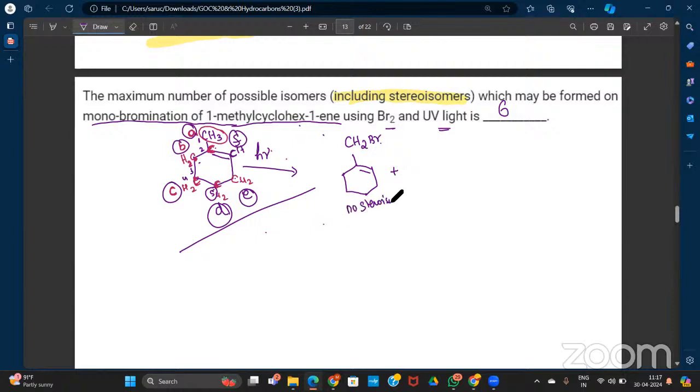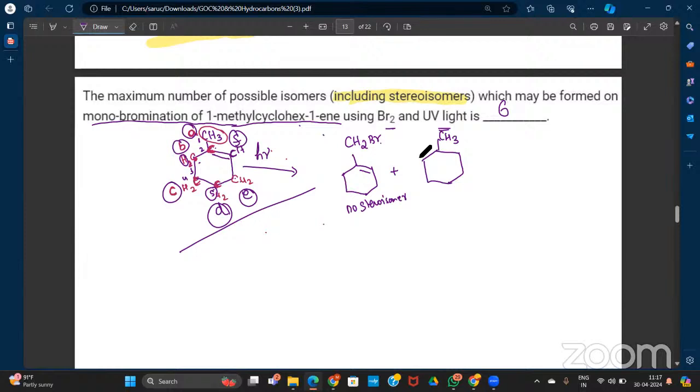Now with the second one, in B, you have to replace one hydrogen with Br. So I'm writing this CH3. Now you are going to replace it with the Br.